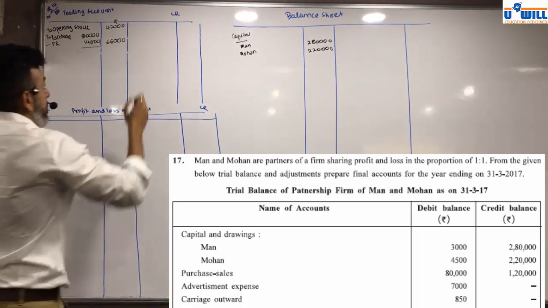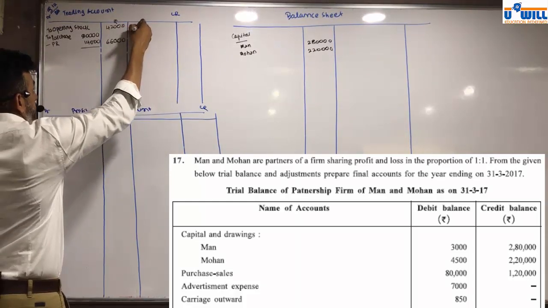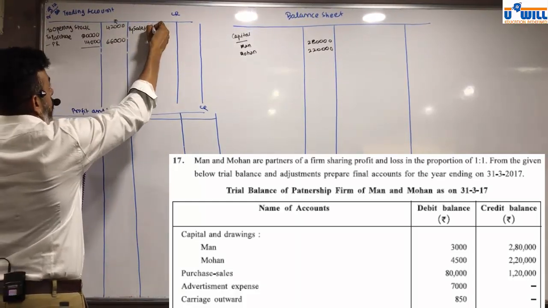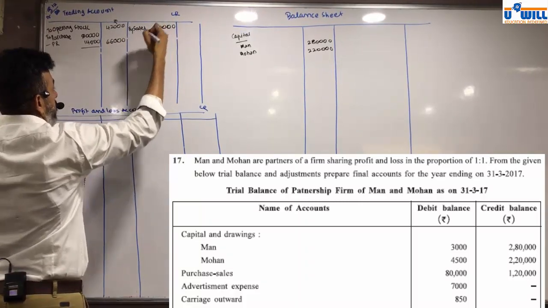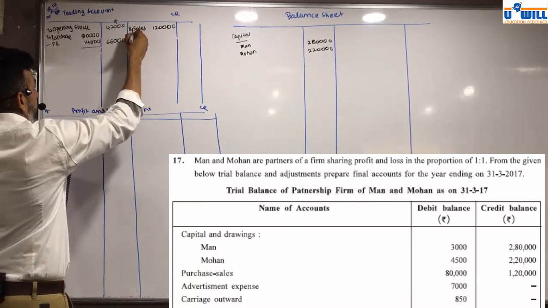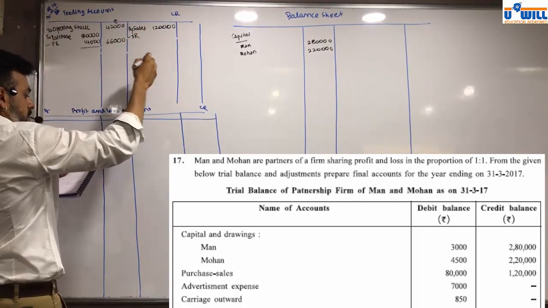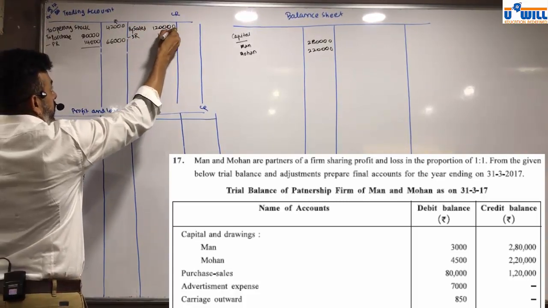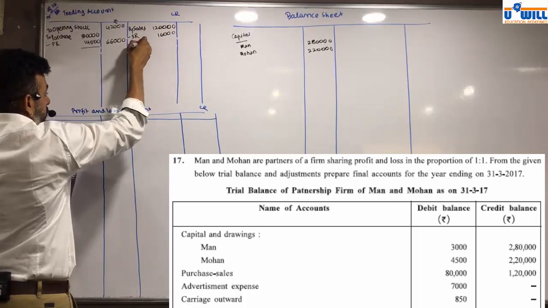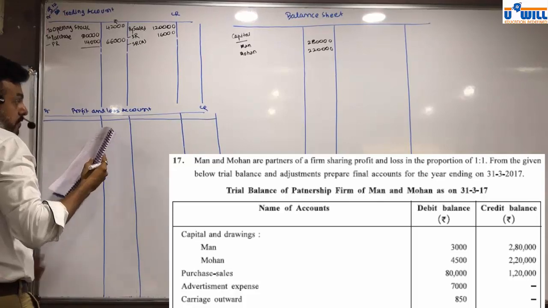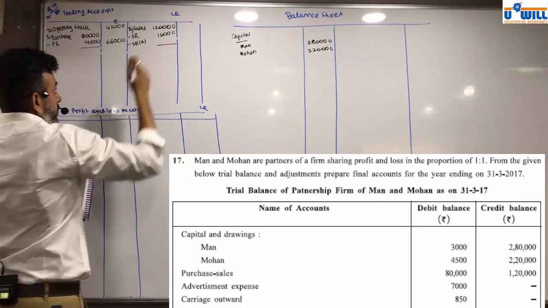Sales, by sales, inner column 1,20,000, minus sales return 16,000. And we have further sales return as per adjustment, we'll do it later and close it.